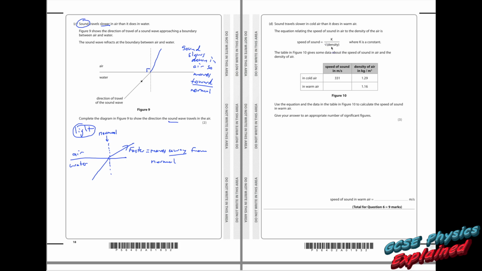So we need to rearrange this formula to get k. We will use this speed and we'll use that density for the cold air in order to work out what k is, and then we'll use that value of k and the density of that air in order to calculate the speed of sound. So let's rearrange the equation.